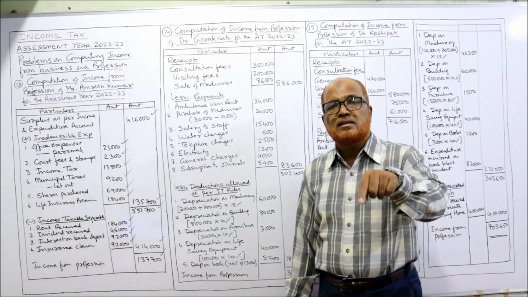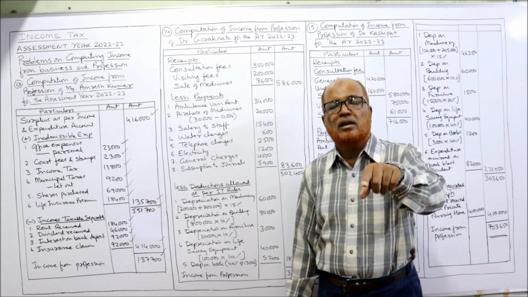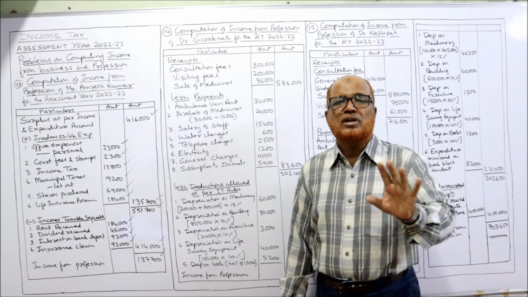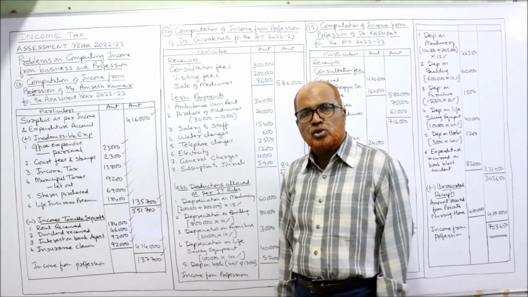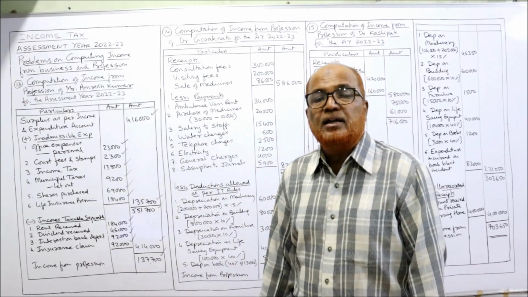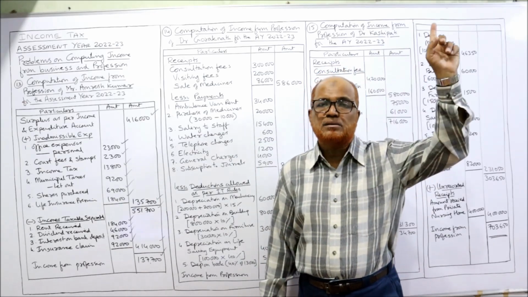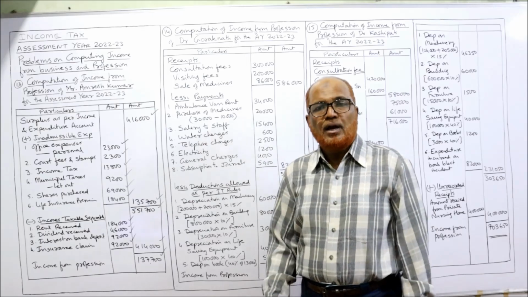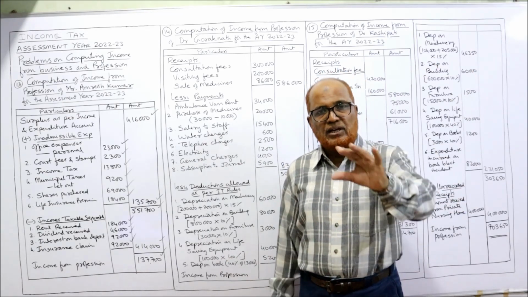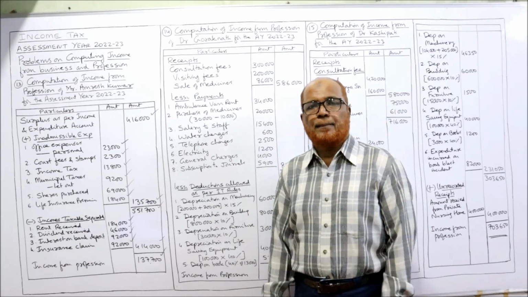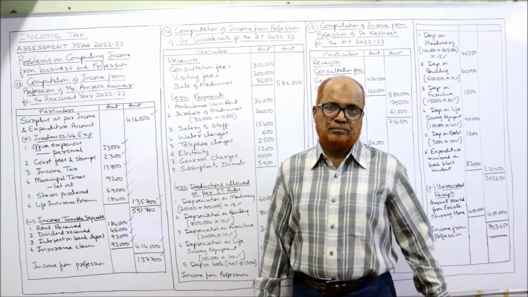Gifts from clients received by a professional is a professional income. It is fully taxable. And special fees, that is also a professional income, nothing to be done. Dividend received is taxable under income from other sources. Rent received is taxable under income from house property. Like this, in working notes, you have to specify what treatment you have done.